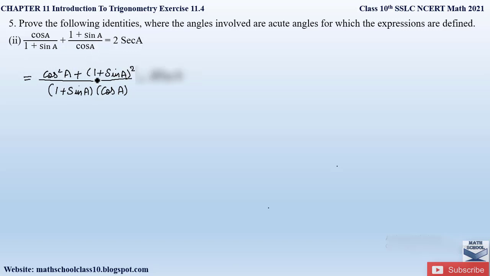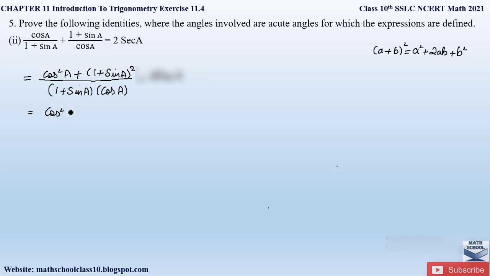So now let us open the brackets in the numerator by using a formula. So here 1 plus sin A the whole square we have, which is of the form A plus B the whole square, which can be written as A square plus 2AB plus B square, right? So here A value is 1 and B is sin A. So let us apply the formula.